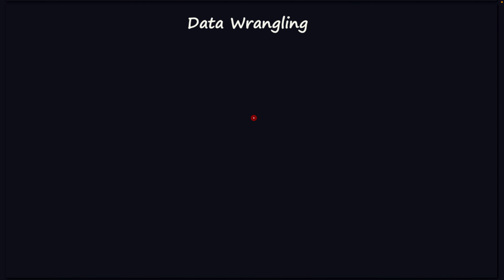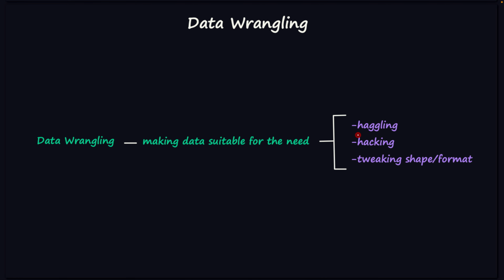Now, I want to talk about something called data wrangling, because this is one of the terminologies that you might come across very often in the data science and machine learning field. So I want to clarify what it means. Data wrangling is nothing but making data suitable for the task at hand. It includes a bit of haggling, hacking, and tweaking of shape and format.